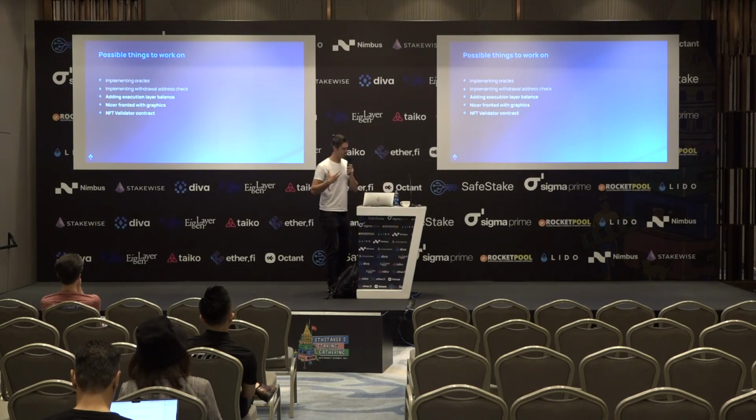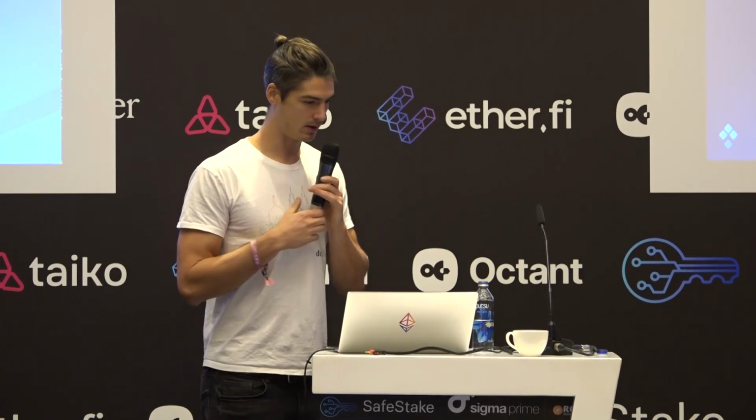So here are the possible things to work on. If you're interested, and if you run the repo, there are some interesting things that could be much improved, like implementing oracles, basically implementing some kind of a trustless or semi-trustless oracle that can also import the beacon chain balances into the execution layer, implementing withdrawal address check.